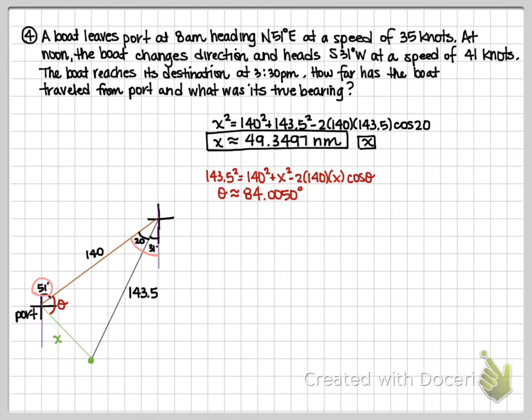Well, if you take a look at the picture, even if a picture wasn't drawn 100% accurately, and let's say the 143.5 line segment was a little bit shorter than the 140, based off of the 51 degrees that you already had from due north and the theta that you just found, which was 84 degrees, those two totaled together are going to be well past the 90 degrees that would be at due east. By adding the 84 and the 51, I realized that we're going to get a fairly large angle, obtuse actually. So much so that I know from due north is not going to be the bearing.